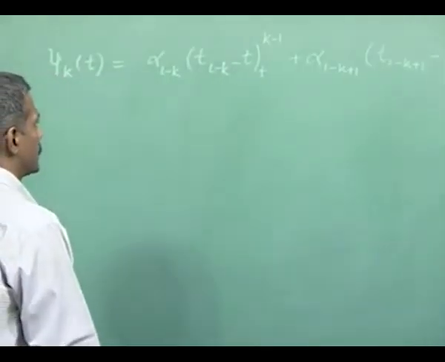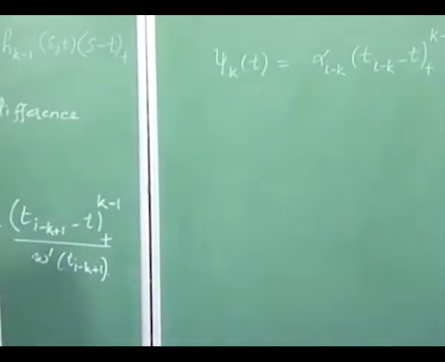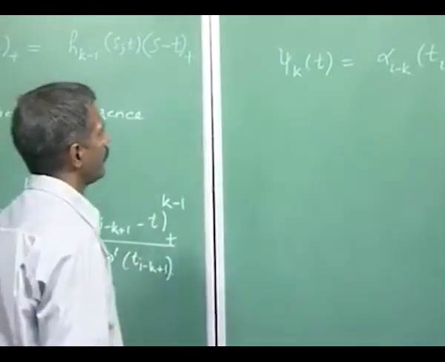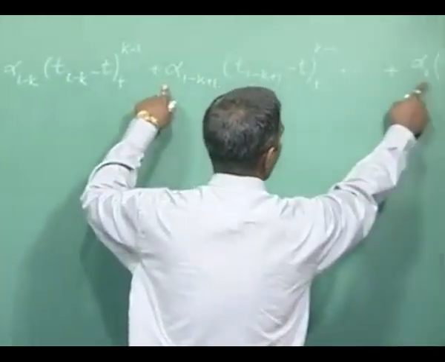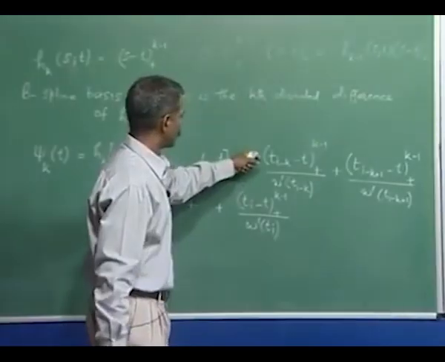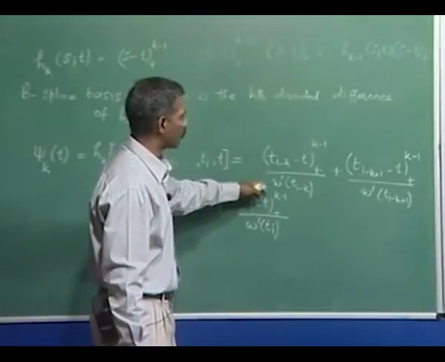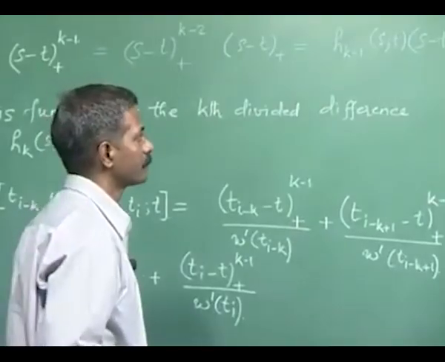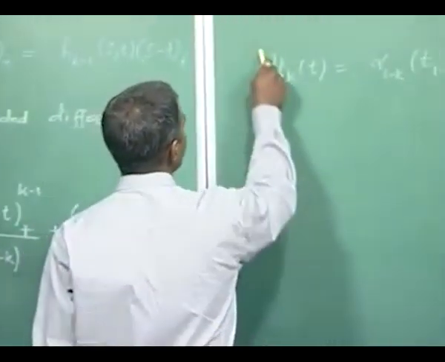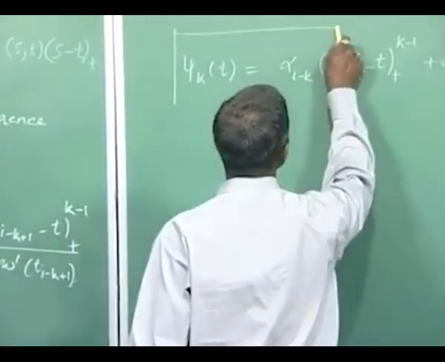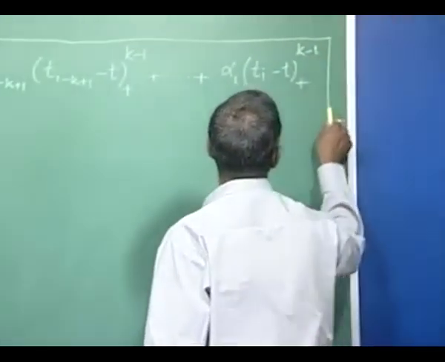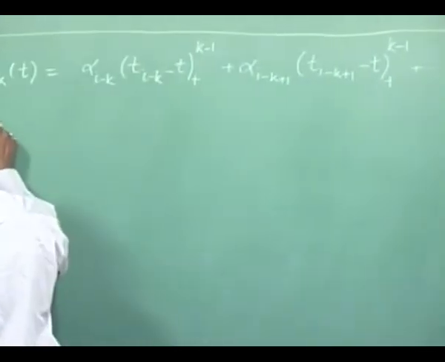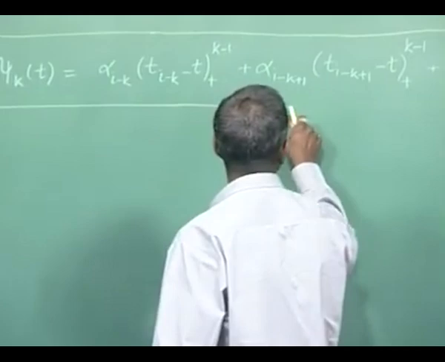This is what I'm interested in. Alpha_{i-k}, alpha_{i-k+1}, all these constants over here are respectively 1 over the w primes. Let's block this result, as we are going to be using it a little later.